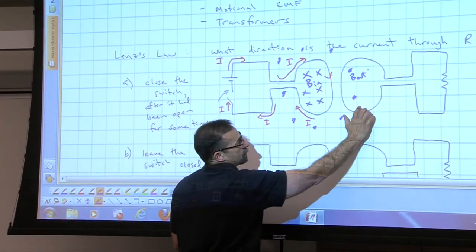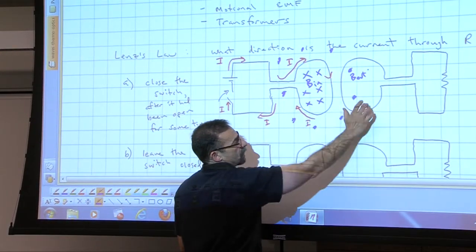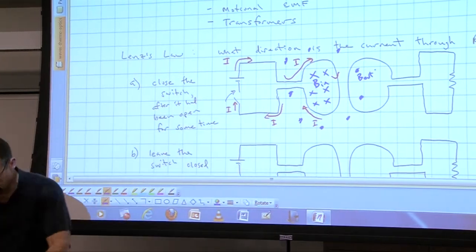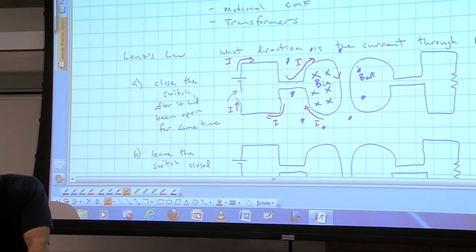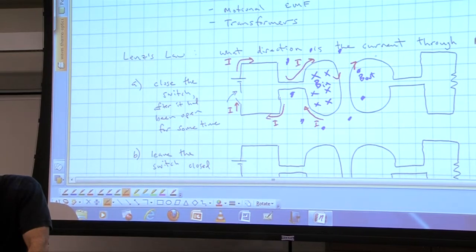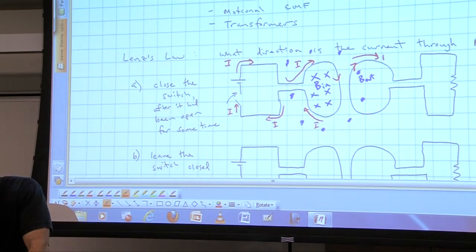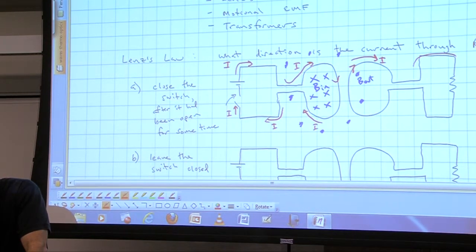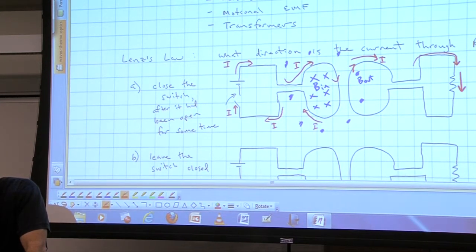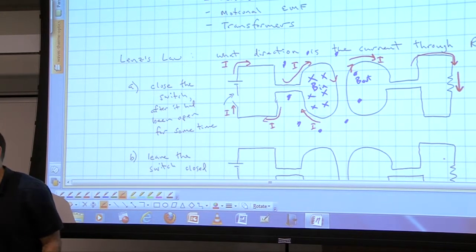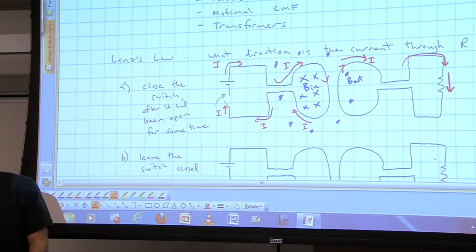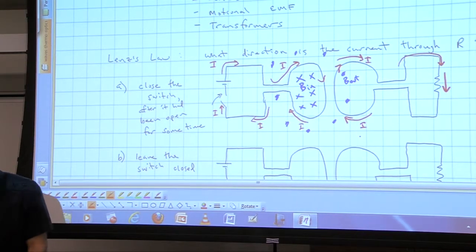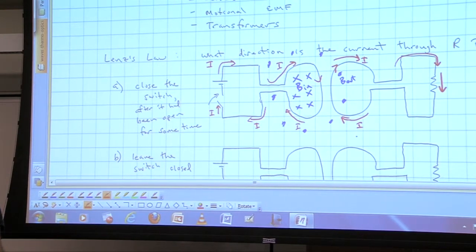A current would get set up in this clockwise direction, so its magnetic field points into the board. Which means over here, it's going down through the resistor. Okay?